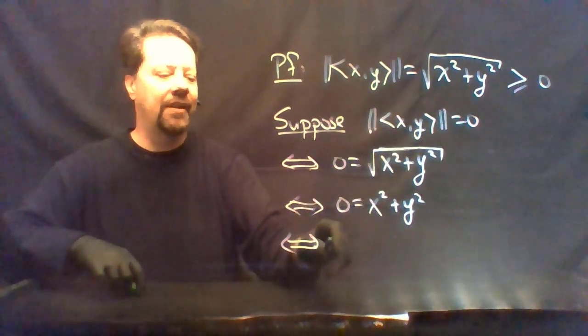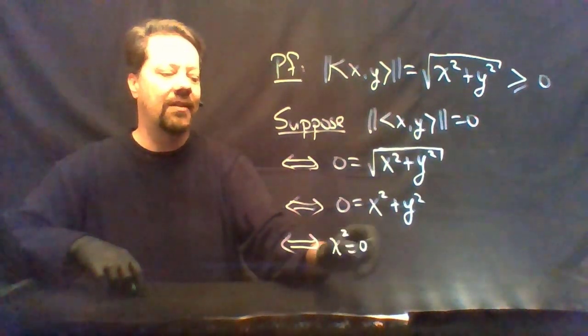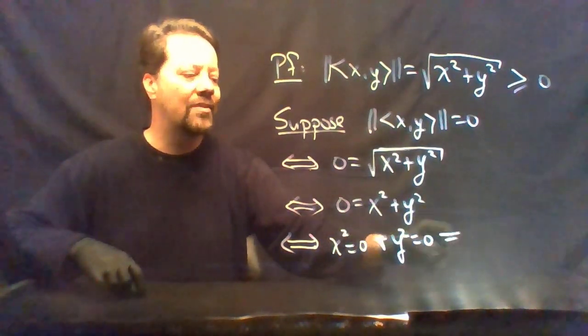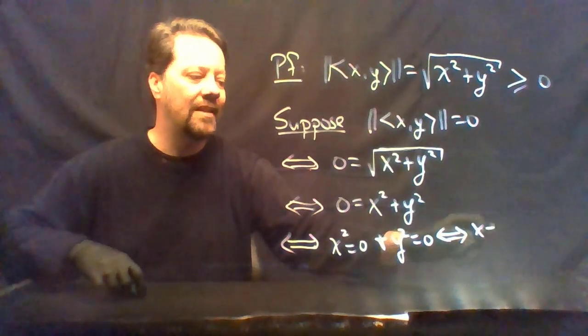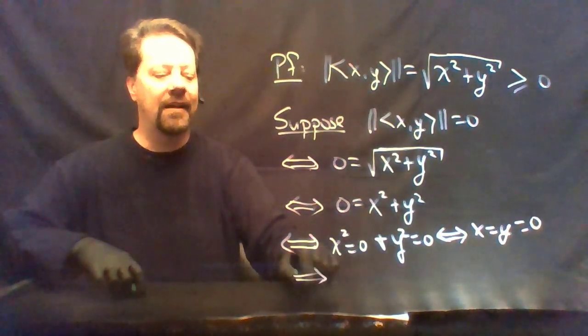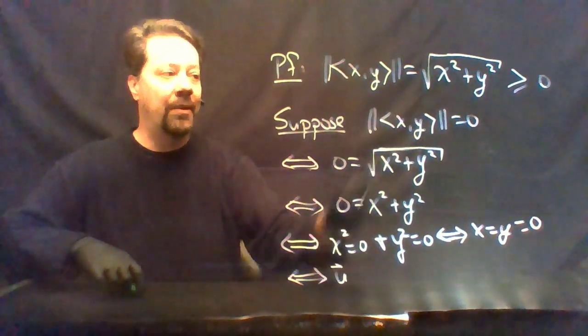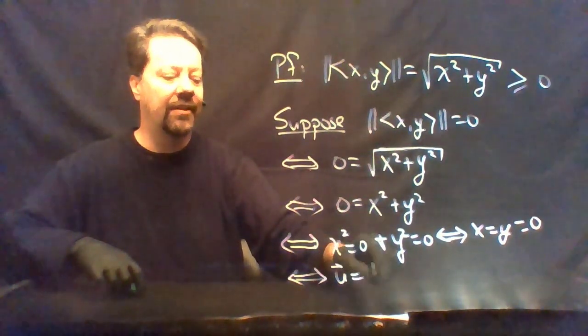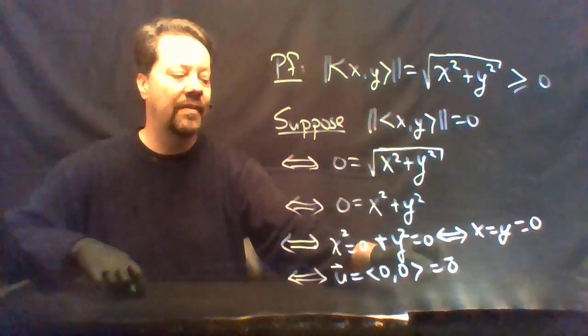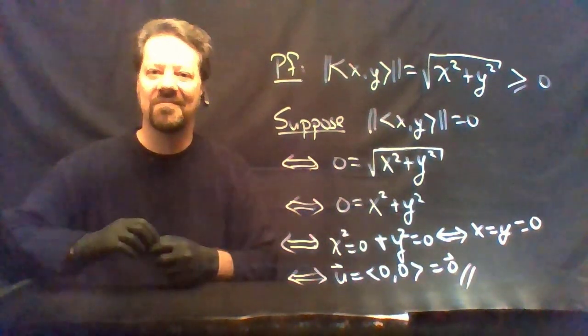This is true if and only if x squared is 0 and y squared is 0, and that's true if and only if x equals y equals 0. And finally, if both coordinates are 0, our vector u is the vector 0, 0, the 0 vector.